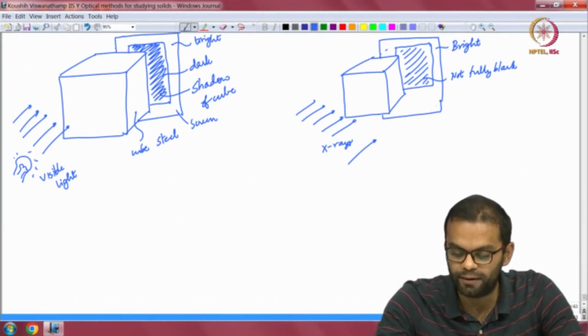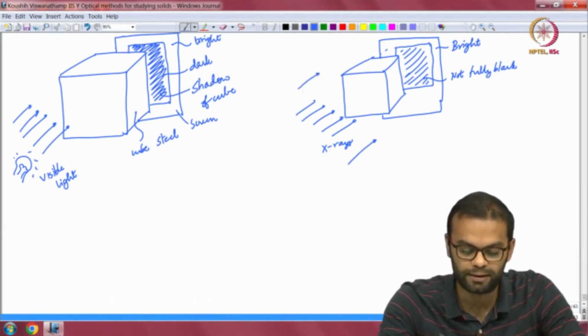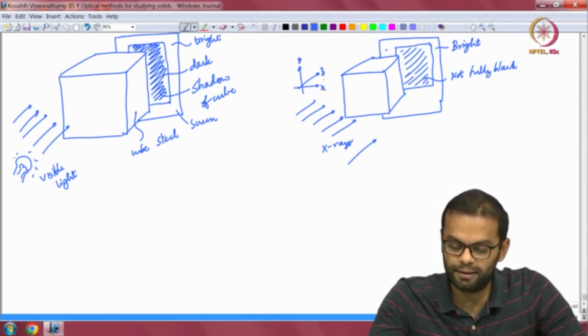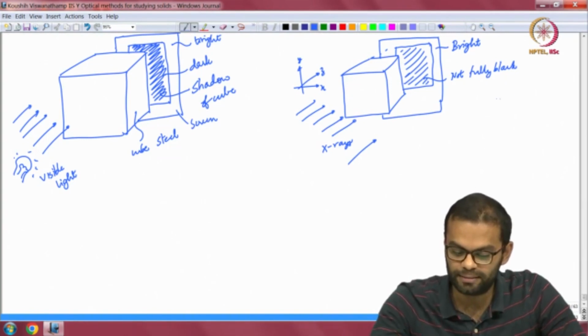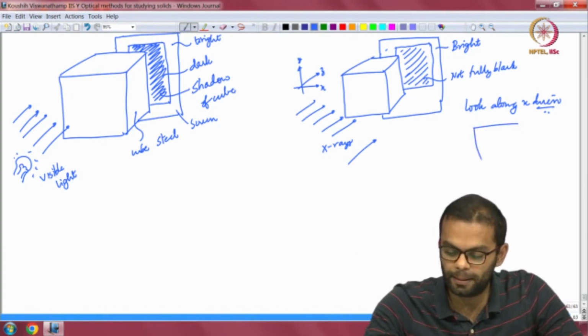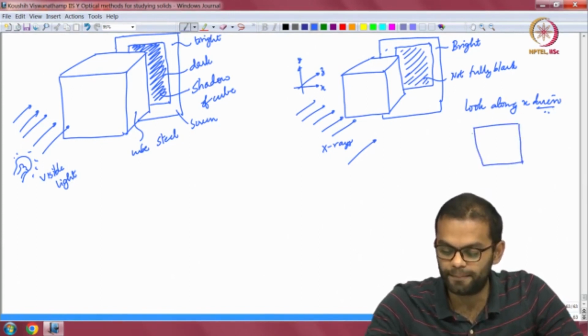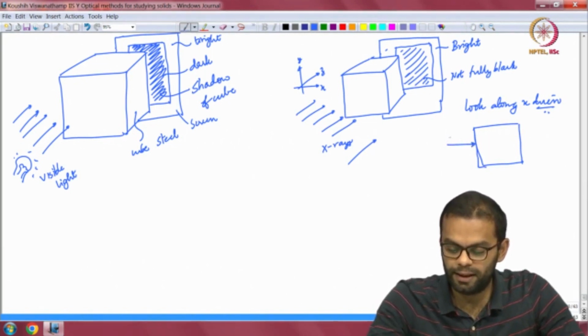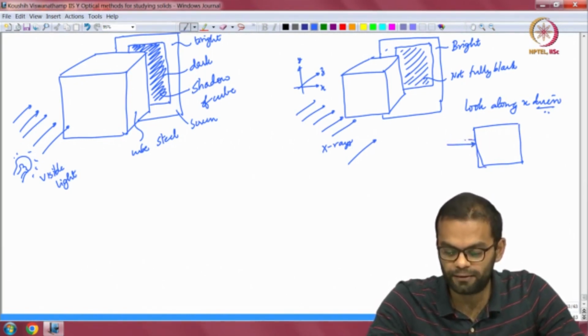So, if you look at the side view, let us put some axes here, let us call this Z, let us call this Y, and let us call this X. It does not matter, it is not a right hand coordinate system. If we look along the x axis, and if I just follow some particular ray coming here, this is the incident ray, some part of it gets reflected.